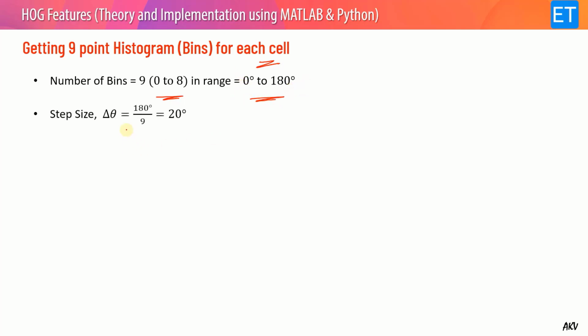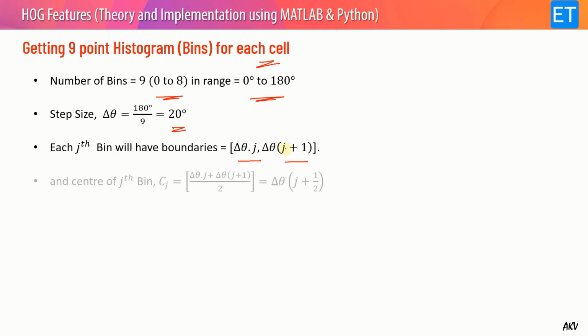So obviously the step size or bin size is 20 degrees, that is 180 upon 9. For some jth bin, the boundaries of the bin will be given by delta theta times j and delta theta times j plus 1. These are the two boundaries of any jth bin, and the center is given by cj, that is delta theta times j plus 1 by 2. In this way I can find the center of the corresponding bin.